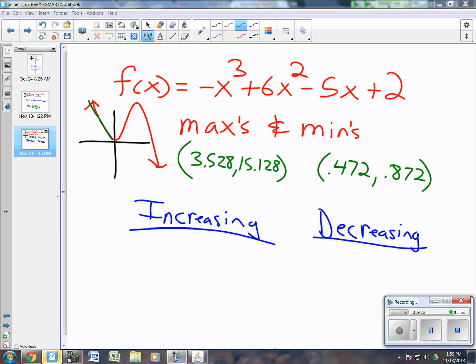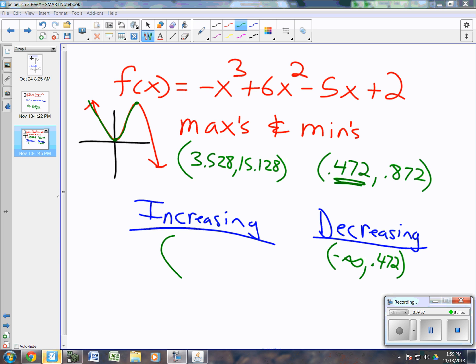We're coming from negative infinity till we get to this minimum point right here, the x value of the minimum point. What's the x value of that minimum point? 0.472. It's that number right there, 0.472. It's decreasing.